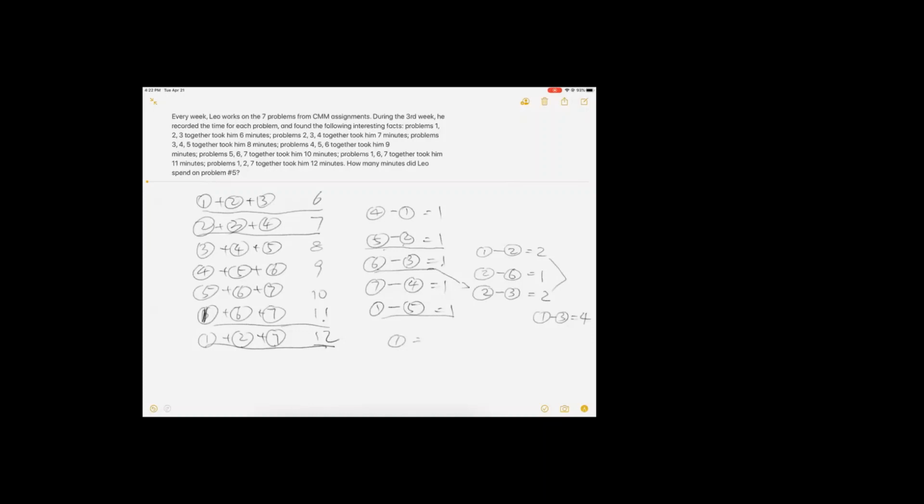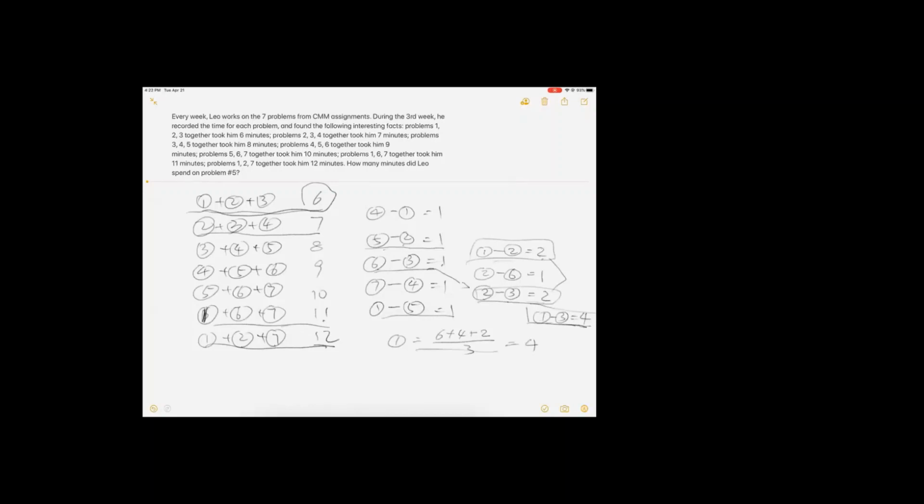Look at the first one: 1 plus 2 plus 3 is 6. So you said 1 is 4 more than 3, 2 is 2 more than 3, and 1 is 2 more than 2. So you have the relationship of all these three, and then you can come up with 1 is equal to 4.